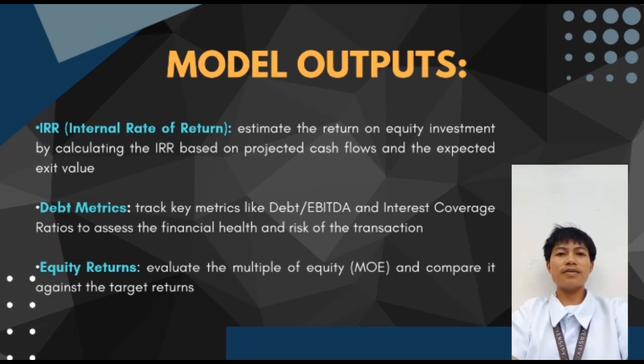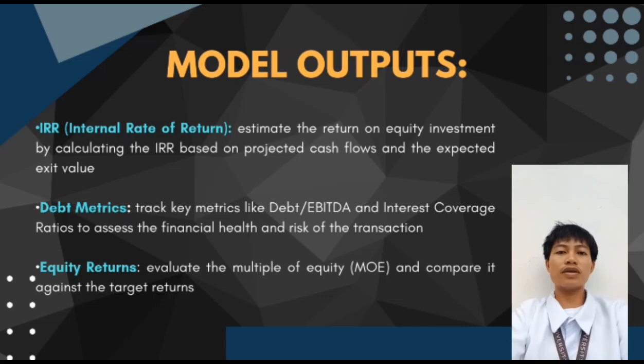In a leveraged buyout LBO model, we focus on the outputs to understand if the deal is good for investors. First, we look at the IRR, internal rate of return. This tells how much return the investor can expect from their equity based on the future cash flow and the sale value at the end. Next, we check the debt metrics like the debt ratio and interest coverage ratio.